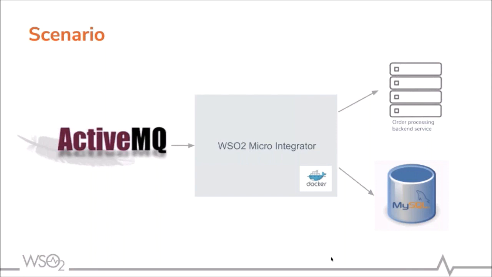The Micro Integrator also needs to send this message to the backend service where it will be processed. And once it is processed, it needs to send it to one of their databases for storing purposes. Let's see how this is done using our Docker project.